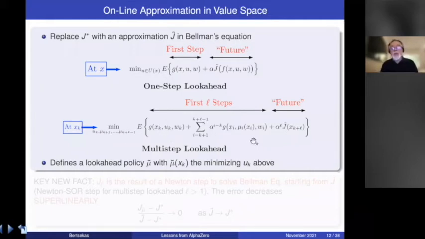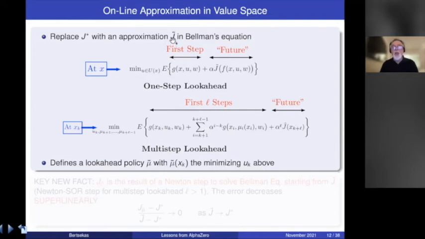We solve this problem and we use at x k this first control and we throw away all the rest. Either way, one-step look ahead or multi-step look ahead, this defines a look ahead policy. Mu tilde of x k is the control that's obtained from this minimization. It's the minimizing u k.